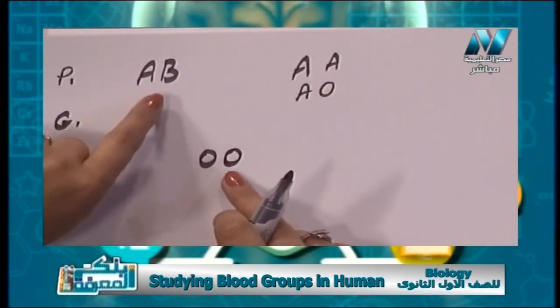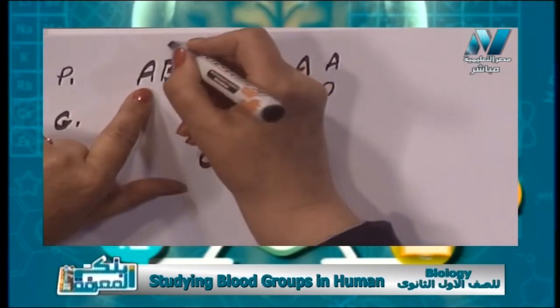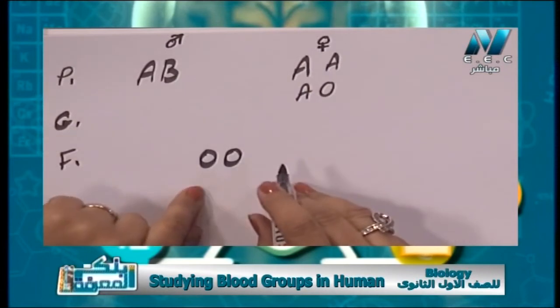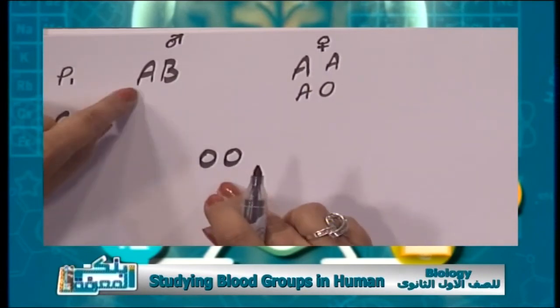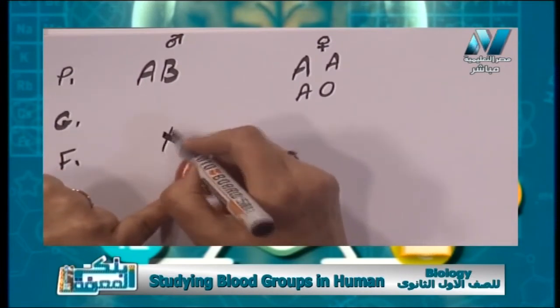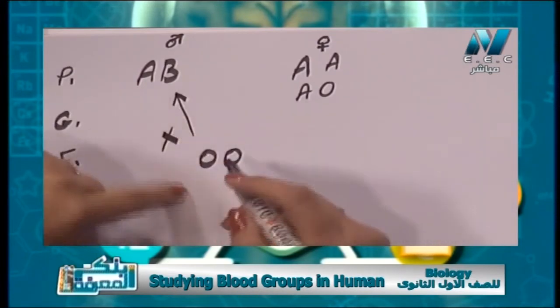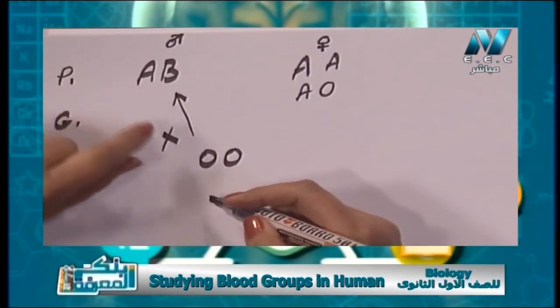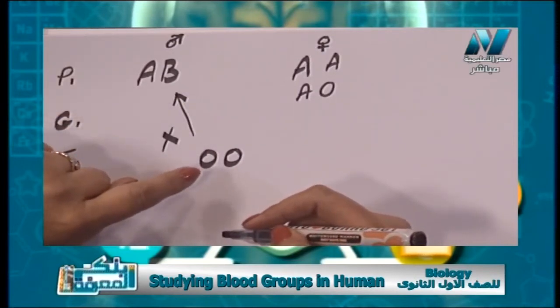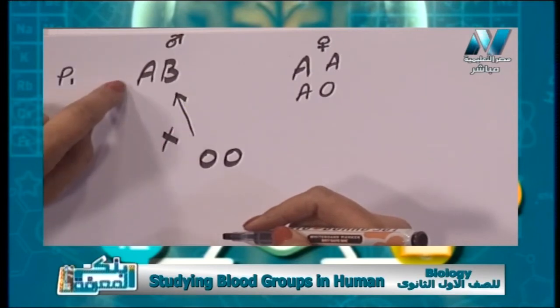So he must get O from his father and O from his mother. But the father has no O. So this child cannot be related to this man. So we can deny the relation of this child to this man.